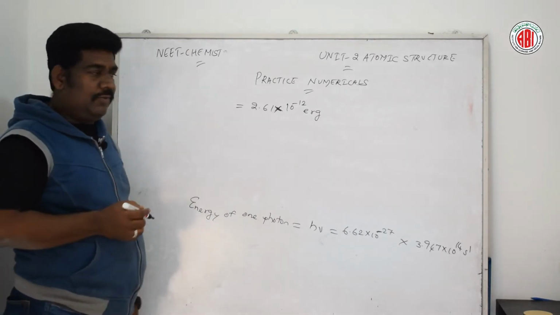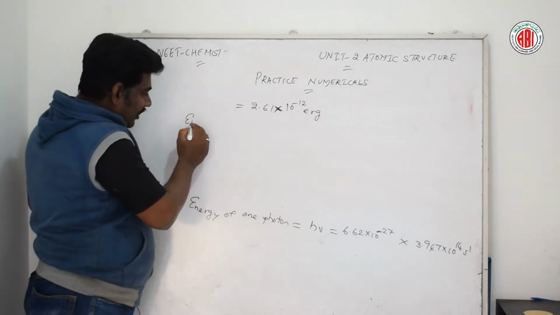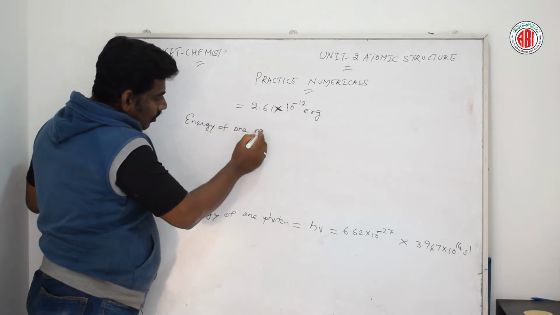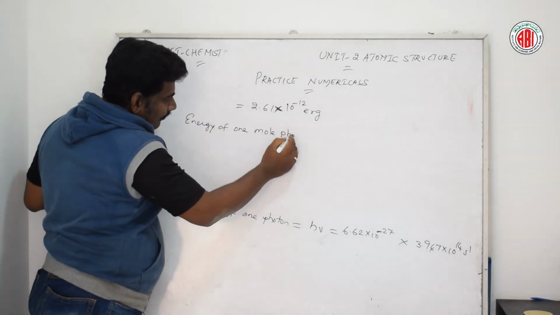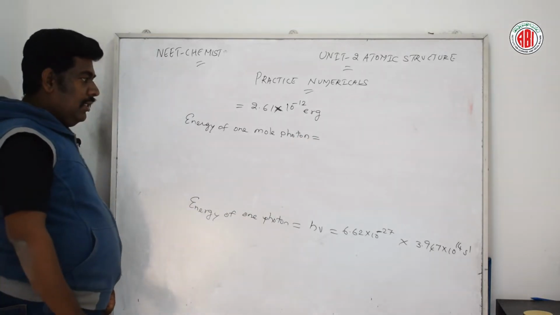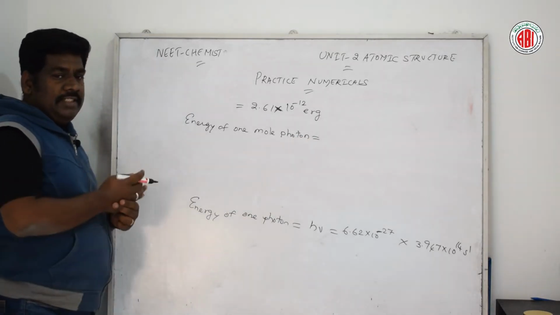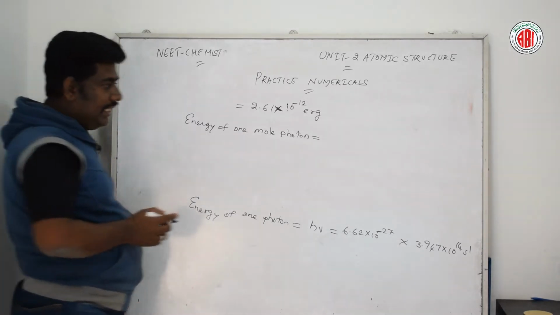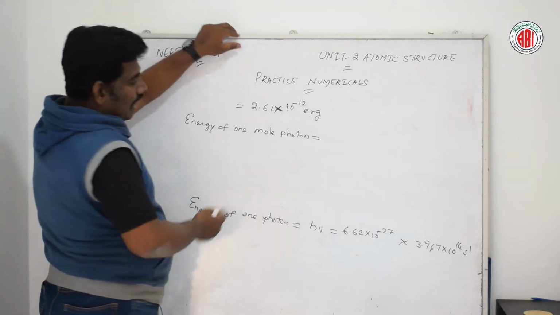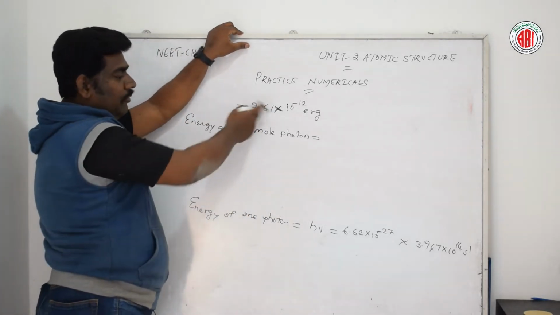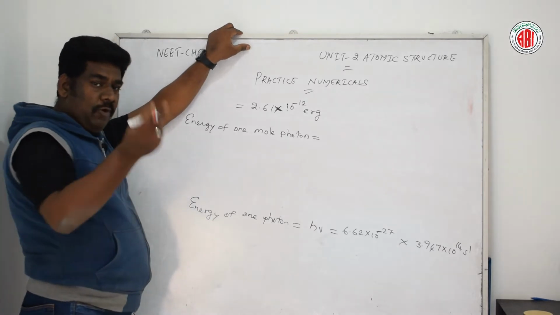Now let us find the energy of 1 mole of photons. One mole is nothing but the Avogadro value, Na. So applying the Avogadro value, we multiply it with this energy of 1 photon value to get the energy of 1 mole of photons.